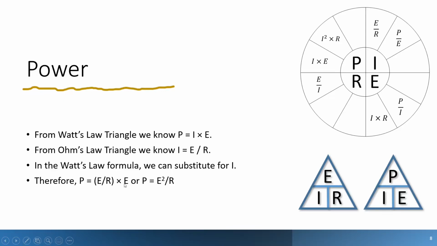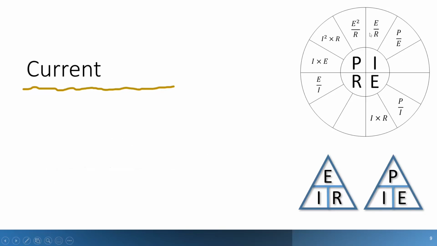And then we can simplify this. Remember, E is the same as E over 1. And in fractions, you multiply the numerators and your denominators. So multiplying the numerators, E times E is going to be E squared. Multiplying the denominators, R times 1 is just going to be R. So P equals E squared over R. Okay, so now we can place that there.